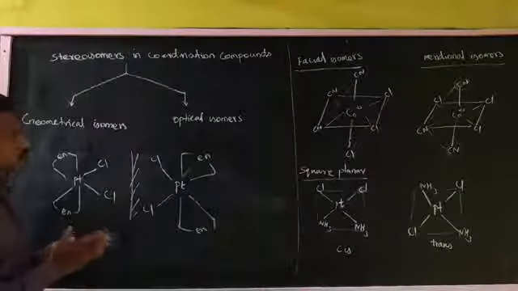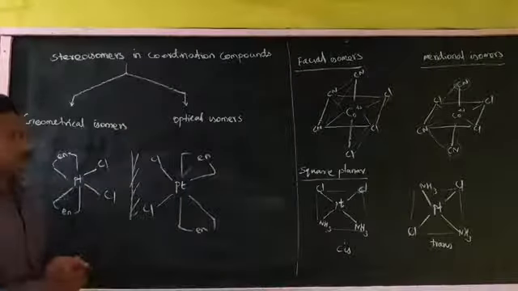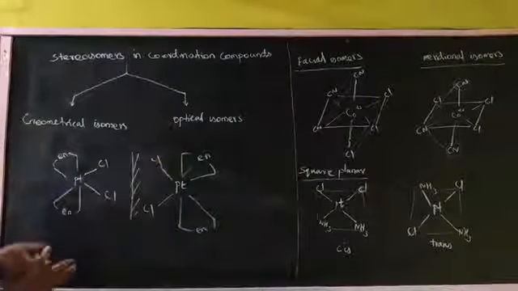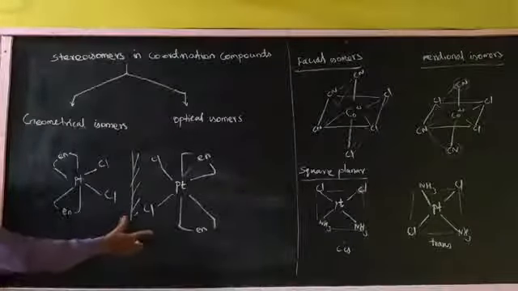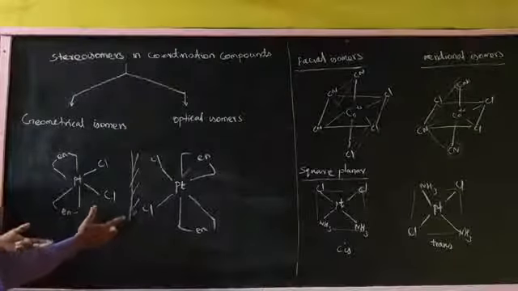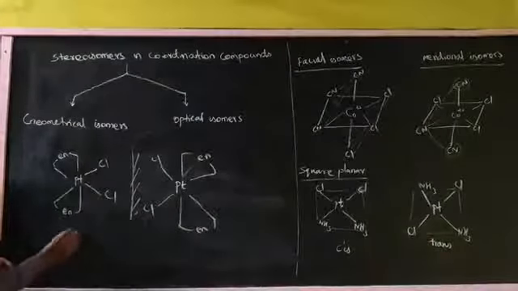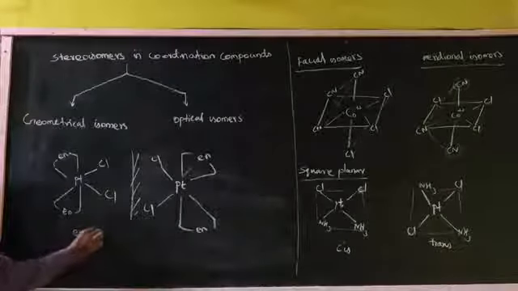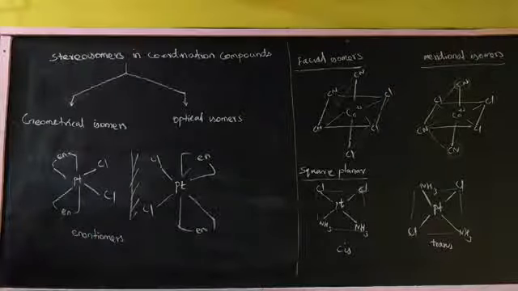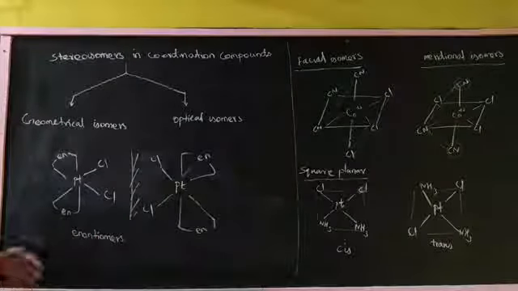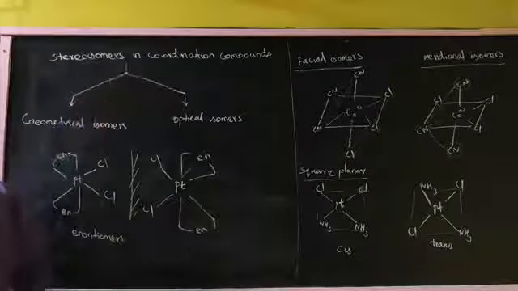This kind of compound is called an optically active compound or optical isomer. Here the pair of two isomers are mirror images of each other. That is called enantiomers.